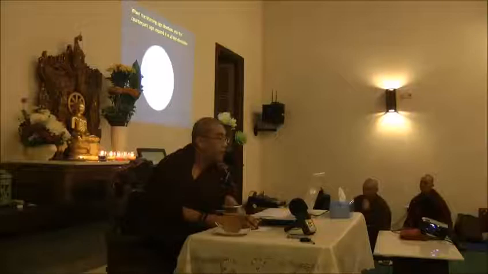Continue until the preparatory sign develops into the learning sign. When the learning sign develops into the counterpart sign, expand it in all 10 directions. Everywhere you look, you can see only the light kasina.